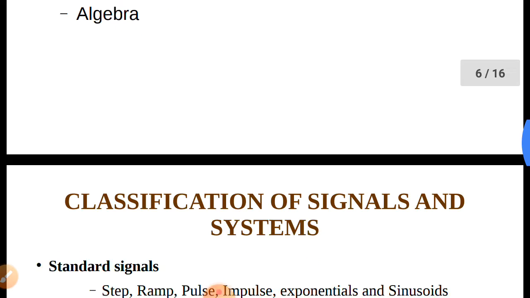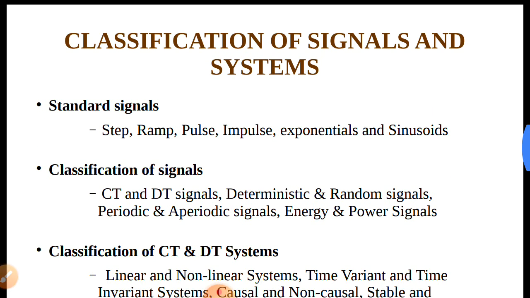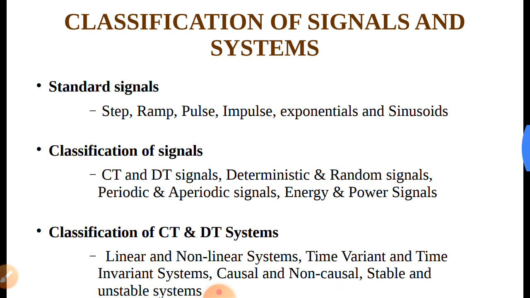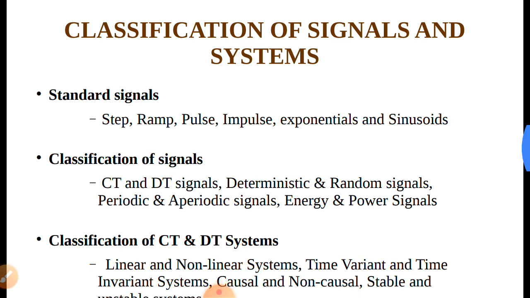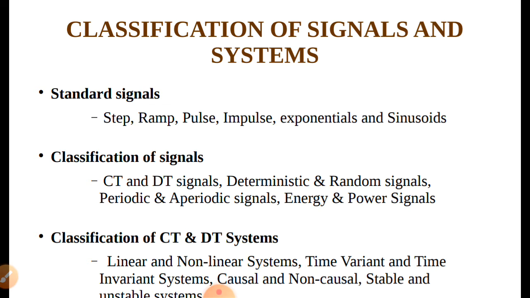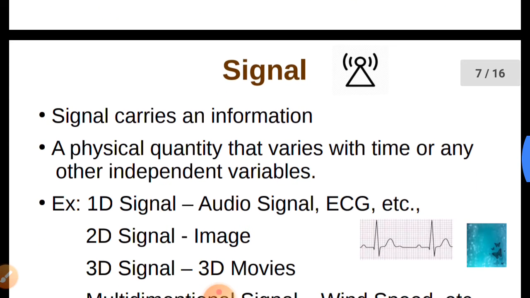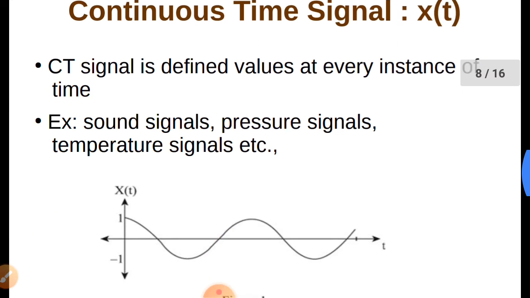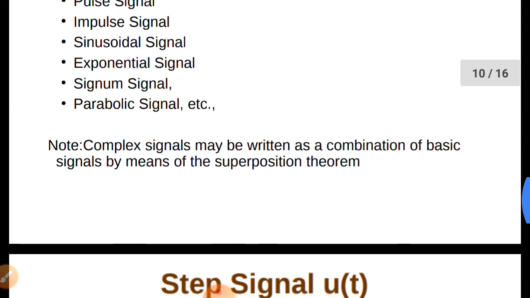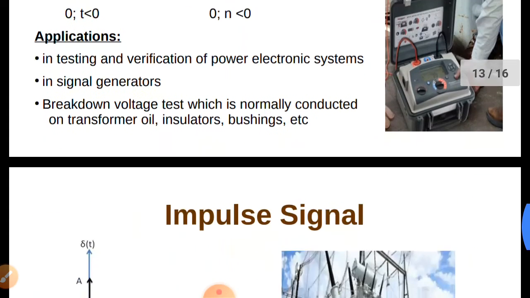The first unit is all about classification of signals and systems: the different types of signals, their classification, standard signals, and classification of systems. This is very important. I will explain each and every term later on.